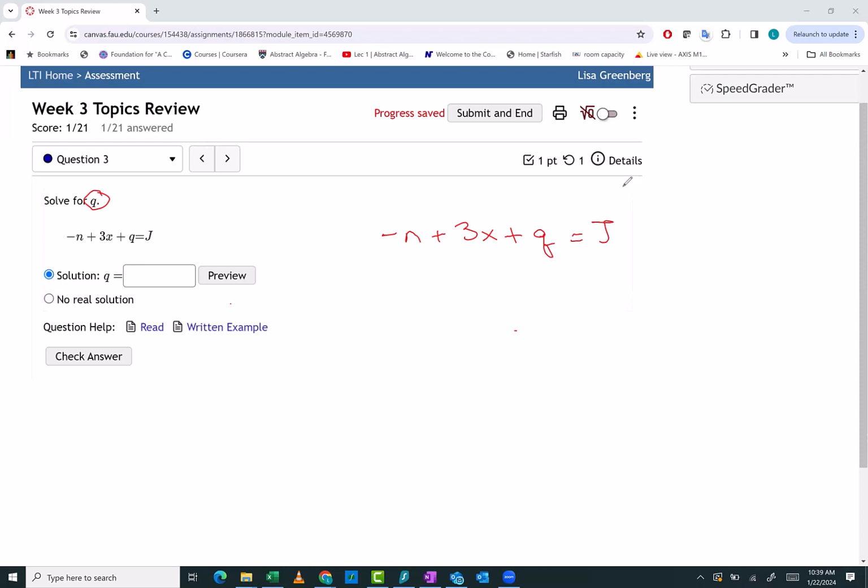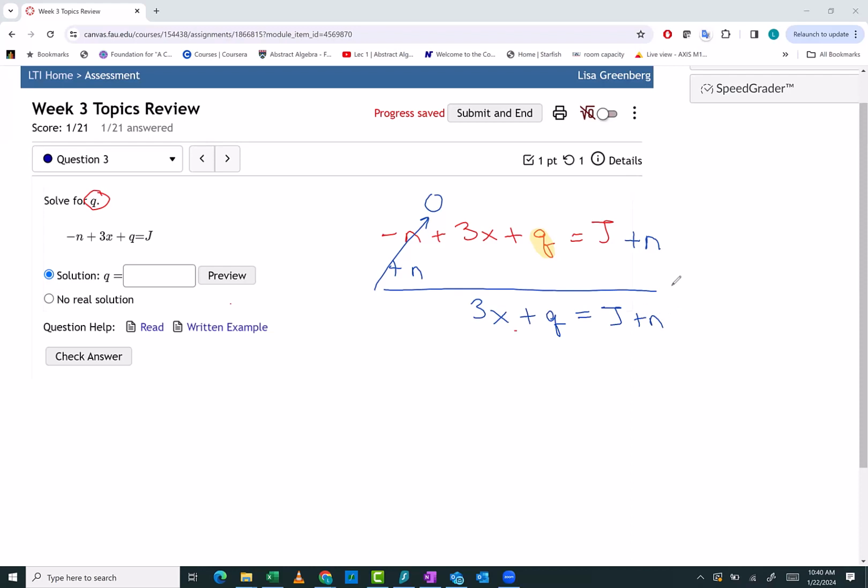I want to isolate Q. So I'm going to start moving things away from the left-hand side so I can get Q by itself. The first thing I can do is add N to both sides. This would cancel the N's, and I would have 3x plus Q equals J plus N.